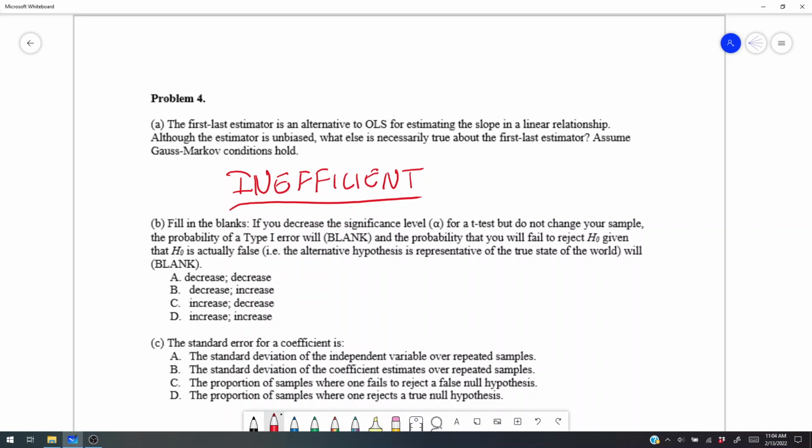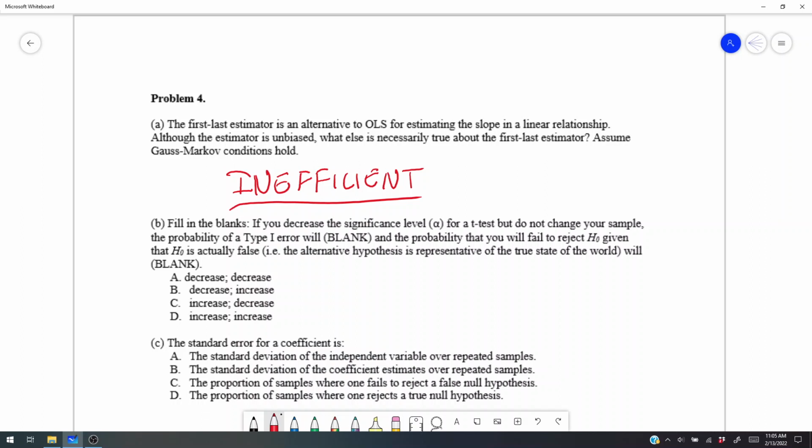Alpha is how often we're willing to reject the null hypothesis if it is true, right? An alpha of 0.05 means I will only reject the null hypothesis 5% of the time when it's true. That's how often I'm willing to be wrong. An alpha of 0.01 means I will only reject the null hypothesis 1% of the time when it's true.